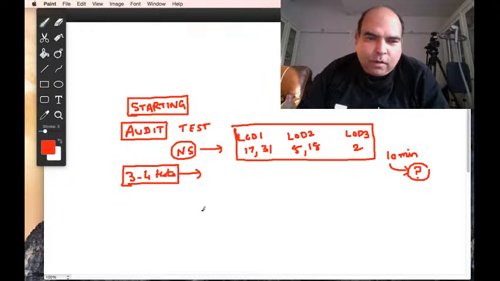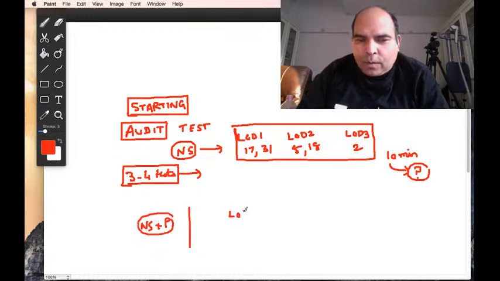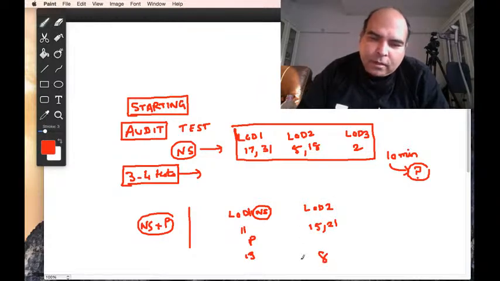You can even make it on a block level, like number systems plus progressions. I'm picking up LOD1 number systems question 11 and progression question 13. LOD2 number systems I'm picking up 15 and 21 and progression I'm picking up 8. So that's a 5-question test.